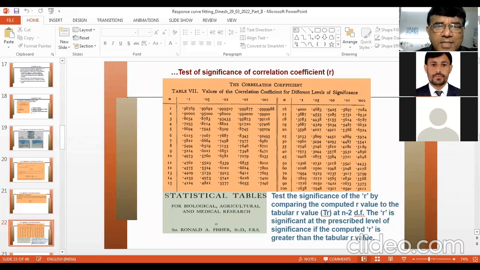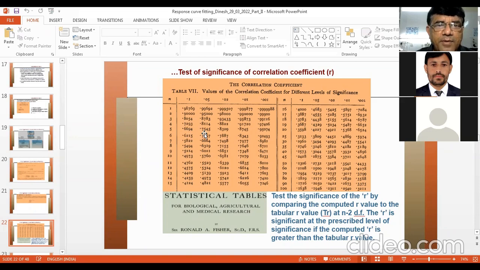The table you are seeing before you is known as the correlation coefficient table, with values of the correlation coefficient for different levels of significance. Suppose my N minus 2 was 5. I will look against the 5, and if the level of significance is 0.1, the value is 0.6694.